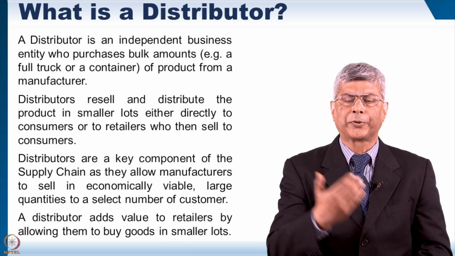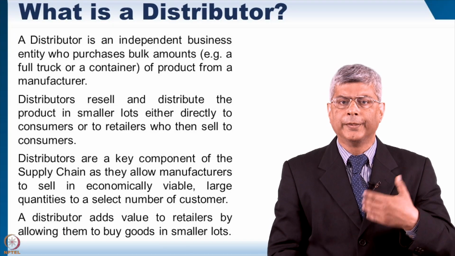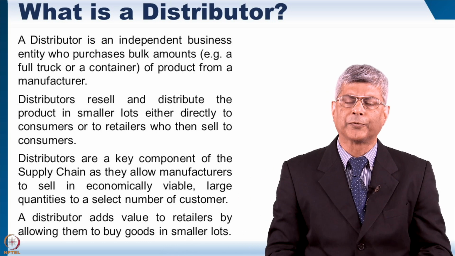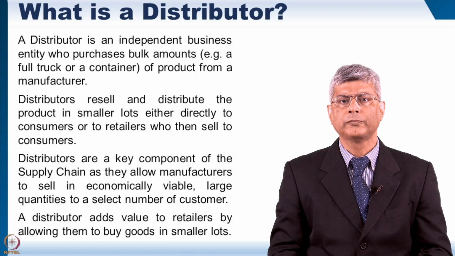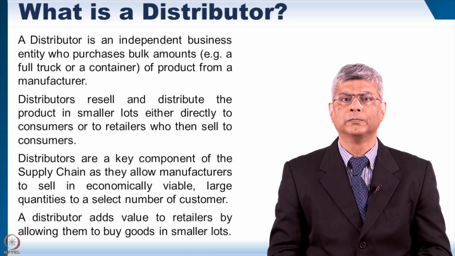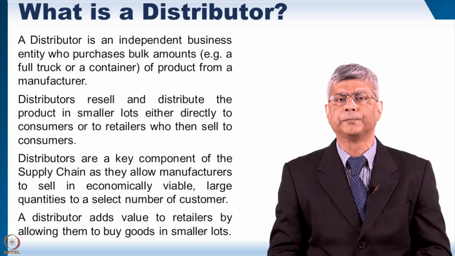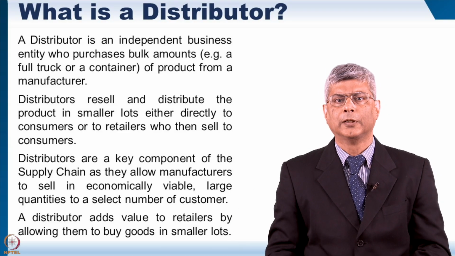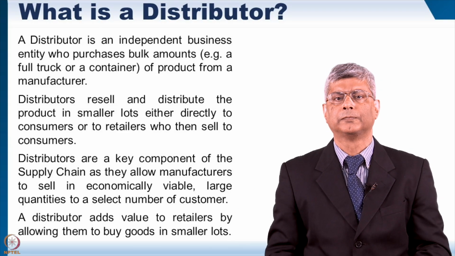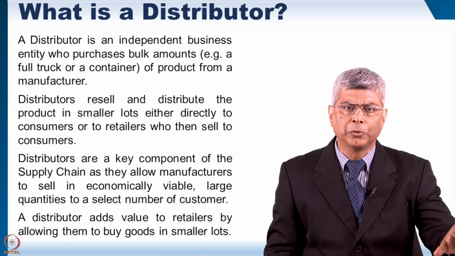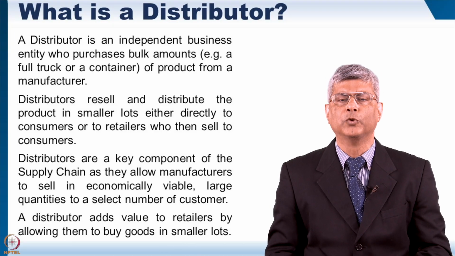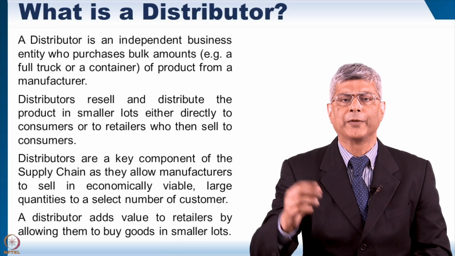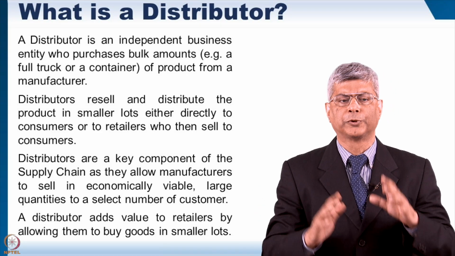So a car or a truck distributor may buy 100 trucks or 1,000 trucks from Tata Motors or Ashok Leyland or Ford or General Motors or Toyota. So they may buy thousands of trucks, but maybe sell 10 trucks to a B2B customer, which means a corporate customer, or they may sell one truck to the driver, and same with phones or soaps or detergents.